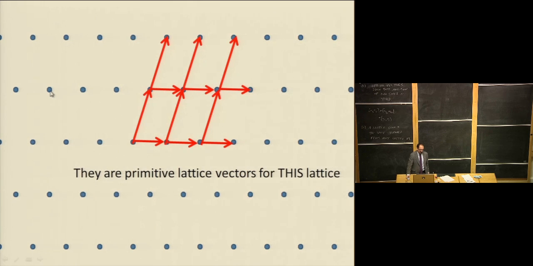If I sit myself here and I view the environment around me, I say, okay, there's a point to my left, this distance, there's a point to the right, the same distance, there's a point up right, up left, down left, and I can measure the distances, I can measure the angles. And if I sit here, another lattice point over here, it has exactly the same environment, a point to the right, a point to the left, a point to the up right, up left, down left, exactly the same distances, exactly the same angles. If this is true for every one of these points, then what you have is a lattice. Okay?